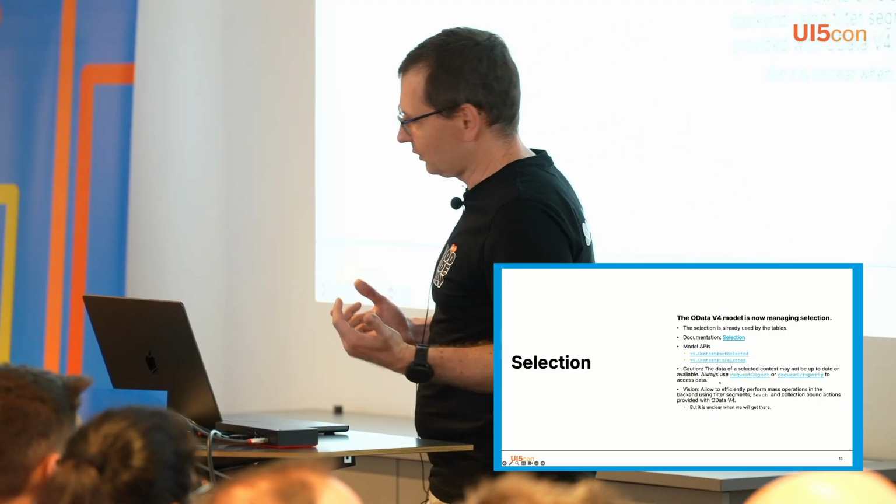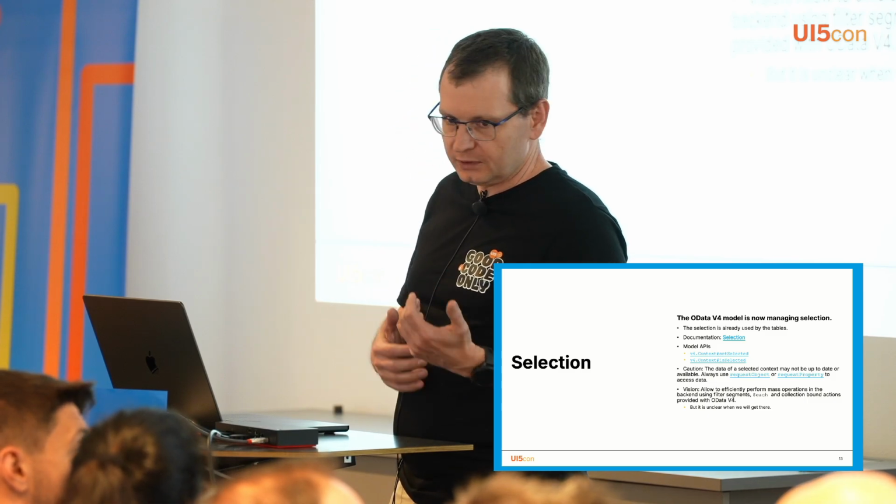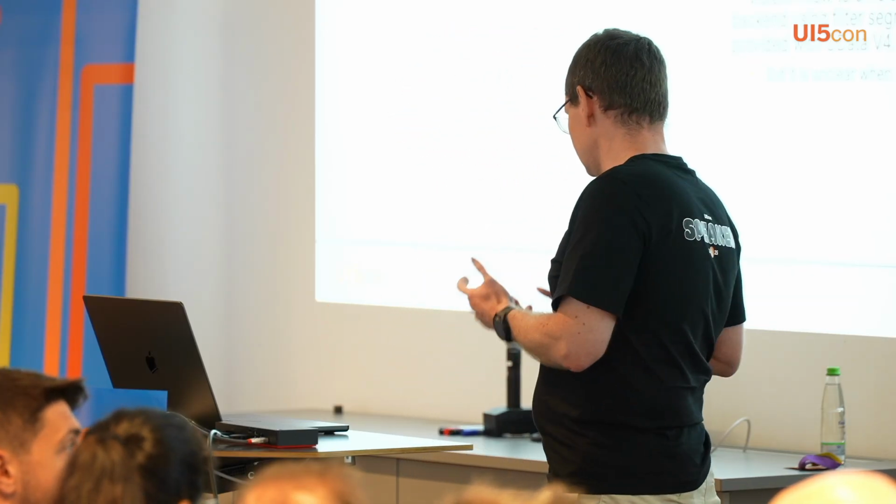So why are we doing this? Often, not always, often when you select contexts on the client, you actually want to do something in the backend. And if you want to do mass activities in the backend, then the current way of doing things seems a bit like a performance overhead, because nowadays you fetch this data to the client and then you trigger the activities in the backend. And the question is, why do you need to fetch all this data to the client? The OData v4 specification contains some answers there.